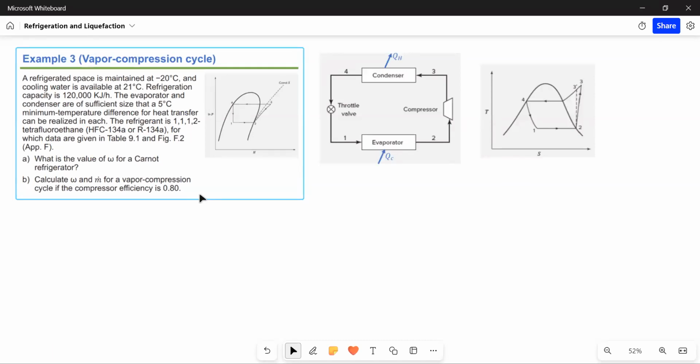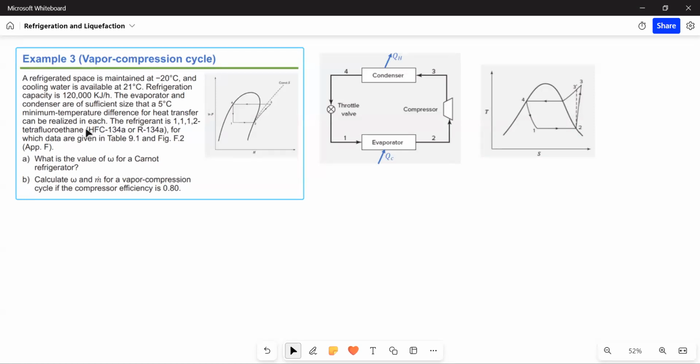So now we proceed with the next problem on vapor compression cycle. A refrigerated space is maintained at -20 degrees and cooling water is available at 21 degrees Celsius. Refrigeration capacity is 120,000 kilojoules per hour. The evaporator and condenser are of sufficient size that a 5-degree minimum temperature difference for heat transfer can be realized in each.